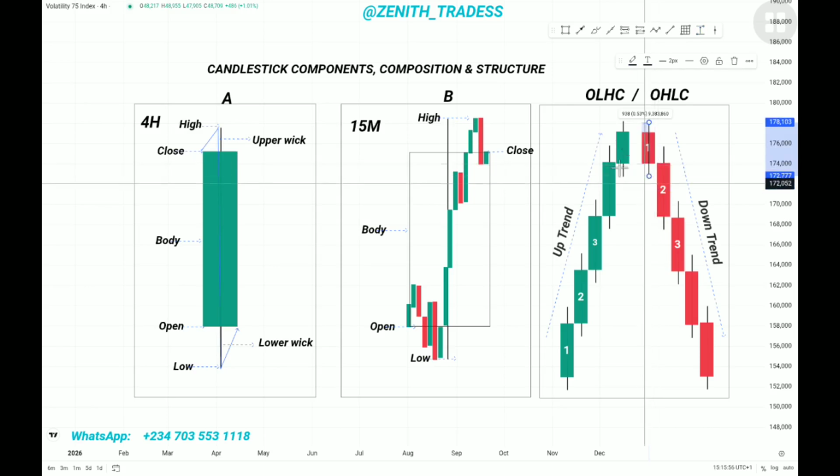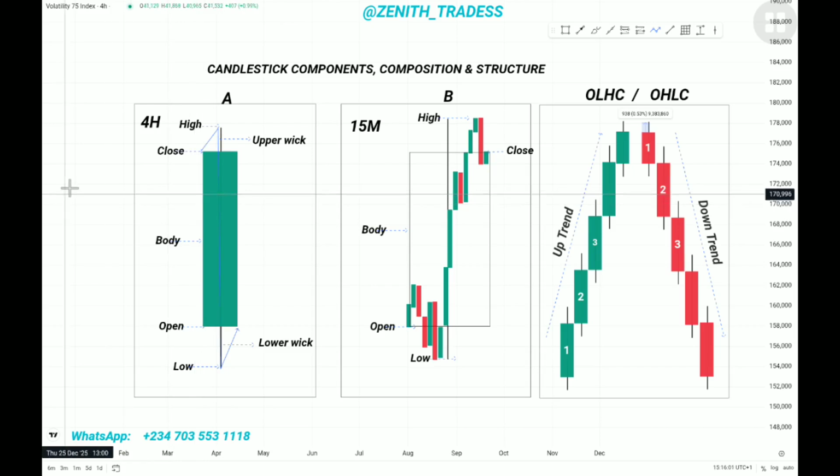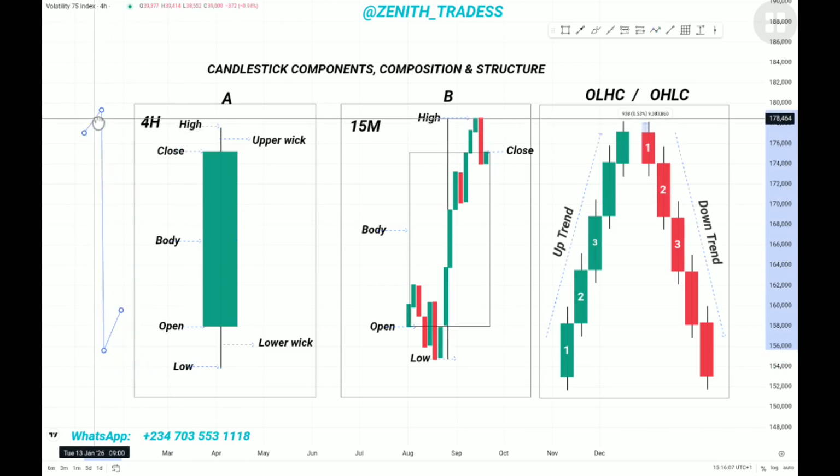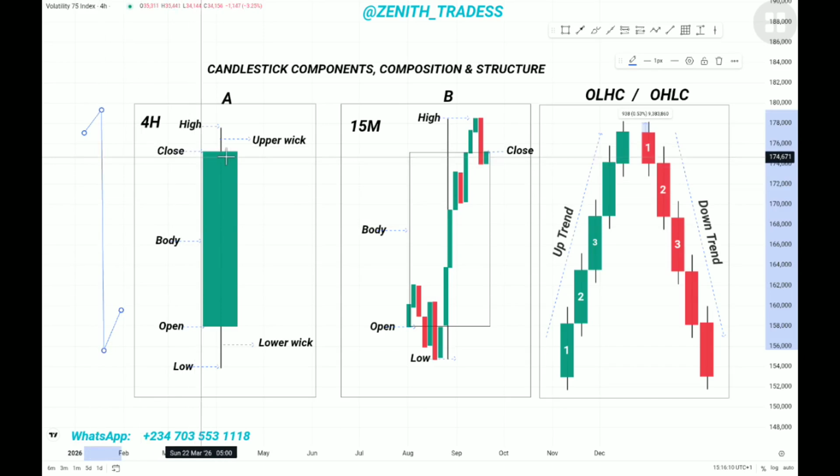I believe you can see what I'm trying to do here. That is the only difference. The representation is just green for bullish and red for bearish. But the opening price of a red candle is from above because it pushes down. The bullish pushes up, so the opening price is below. The bearish pushes down, the opening price is above.